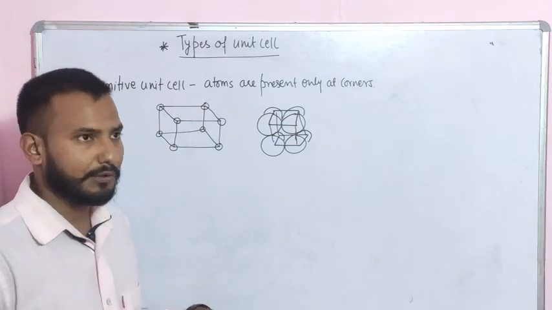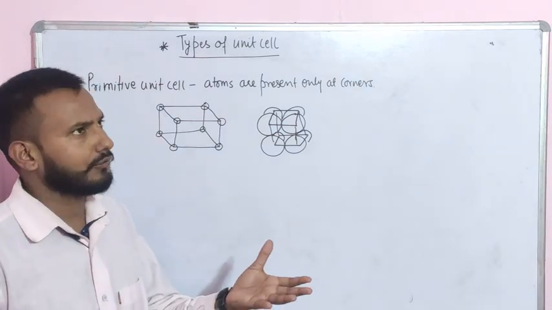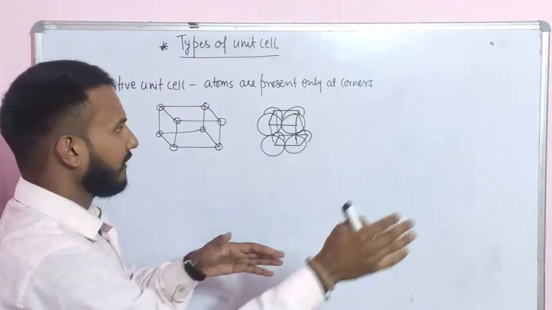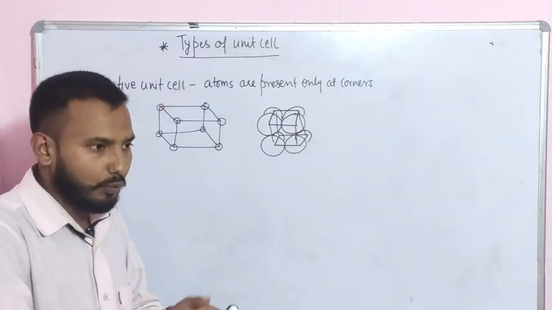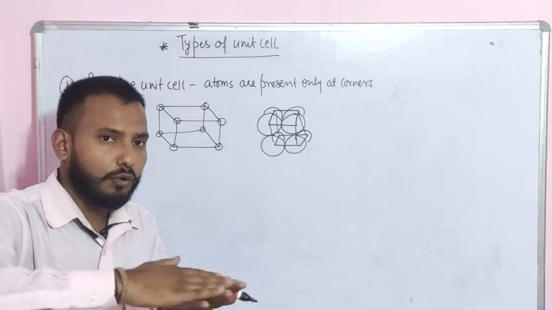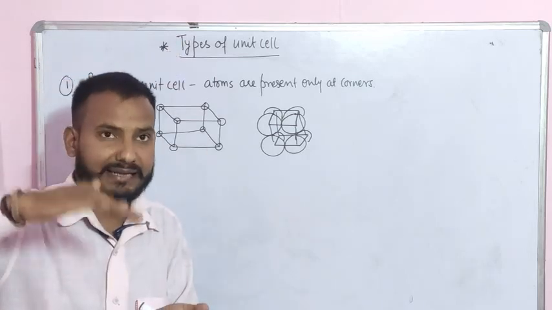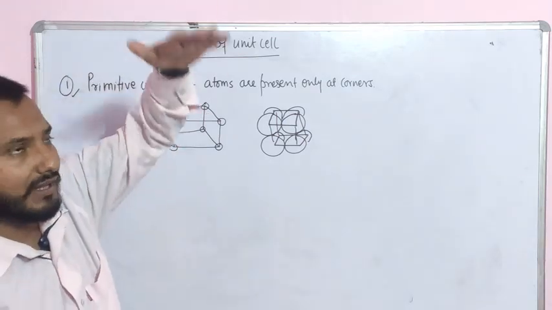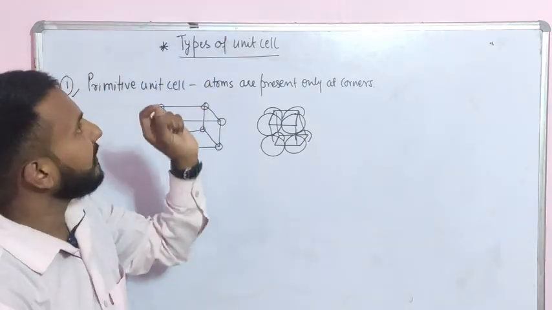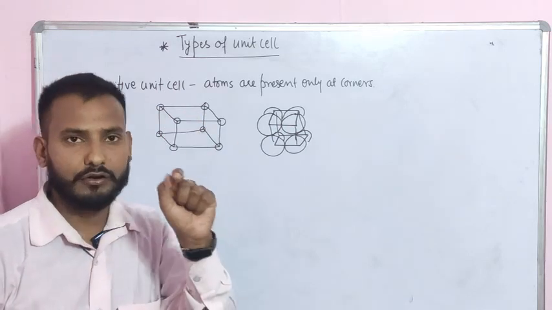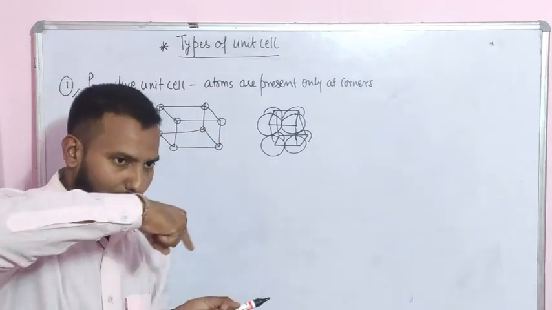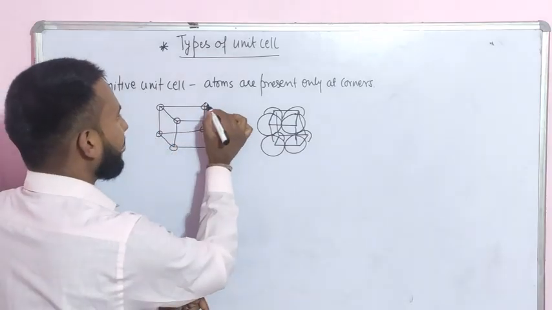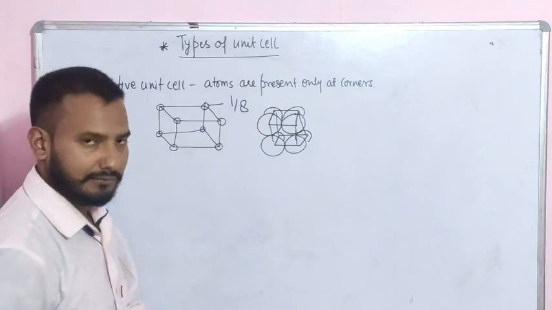You can assume it like rooms: 4 rooms are in one plane and 4 other rooms are above, after the roof. If any atom is present at the corner of one room, it contributes to 8 rooms. So the contribution of this corner atom will be 1 by 8.